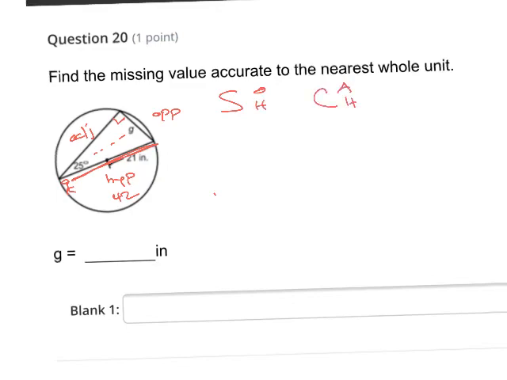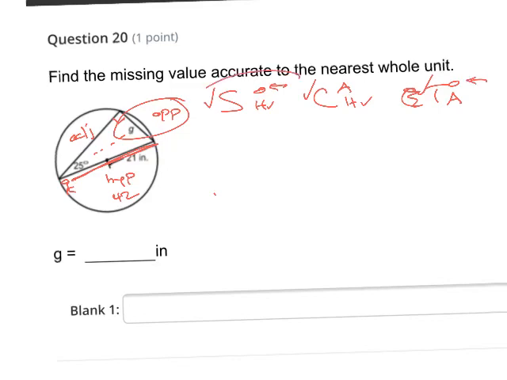seeing what we have and what we're trying to find. Okay, so we have the angle measure, so we can do a sine function, cosine function, tangent function. All those are okay. We have the hypotenuse of 42. And we're trying to find the opposite.